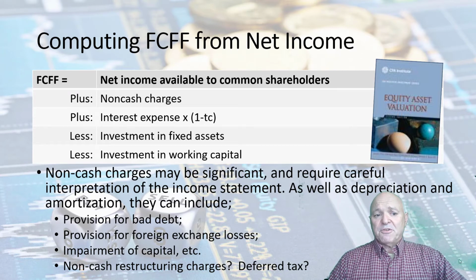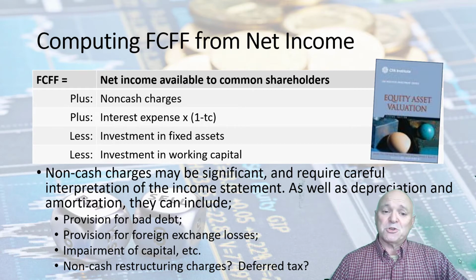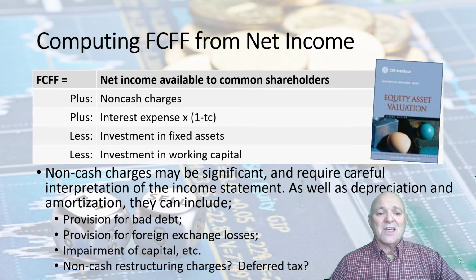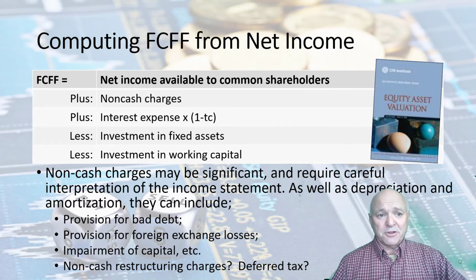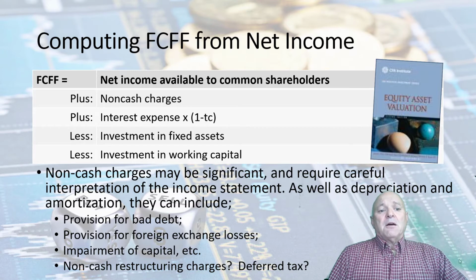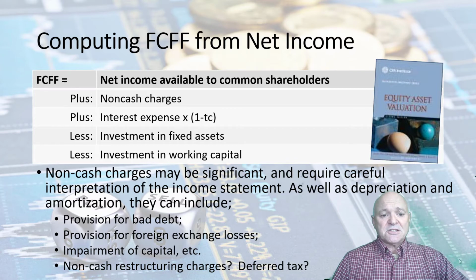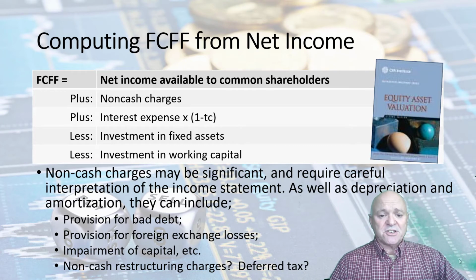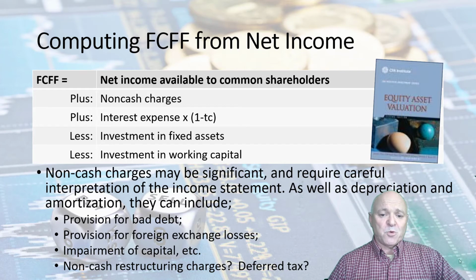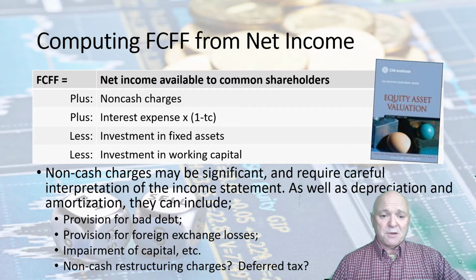You'll see that the free cash flow to the firm using an indirect approach would be the net income available to common shareholders, so basically our net income after accounting for the preferred shares. We'd add back non-cash charges, we'd add back the interest expense after tax, we'd subtract the investment in fixed assets that's required to stay in business in the same line of business, and we'd also account for the investment in working capital, depending on whether that number is positive or negative. If it's a positive number, we subtract it.